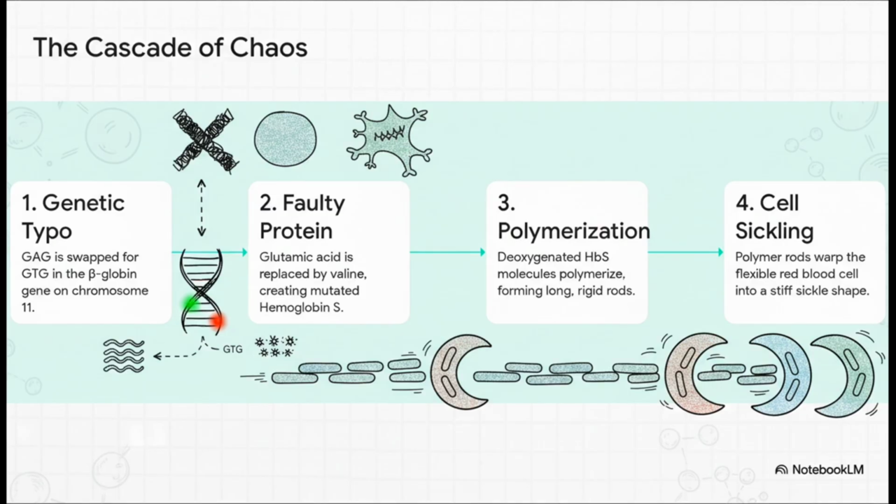When this mutated hemoglobin, we call it hemoglobin S, drops off its oxygen, that new water-fearing spot makes the molecules incredibly sticky. They start clumping together, forming these long, rigid rods. And that brings us to the final step, number 4, the sickling. These rods literally warp the red blood cell from the inside out, twisting its nice, flexible disc shape into a hard crescent or sickle shape.